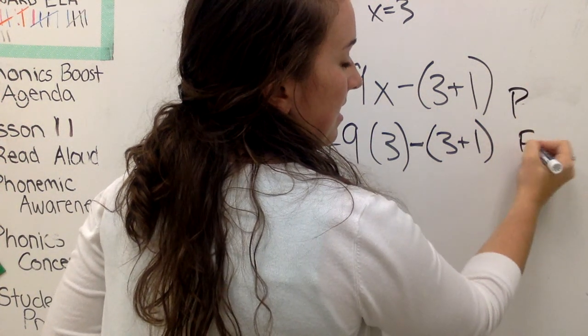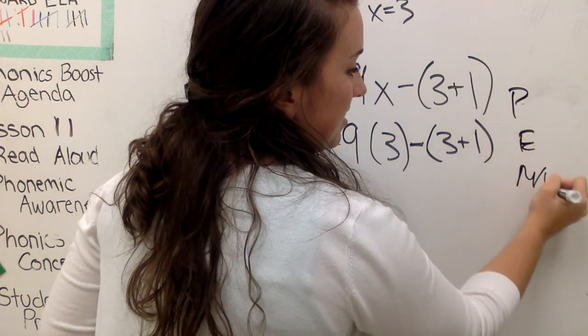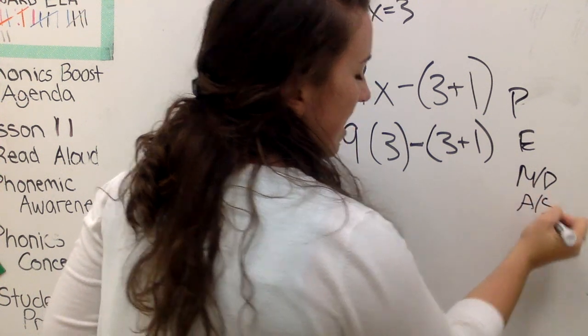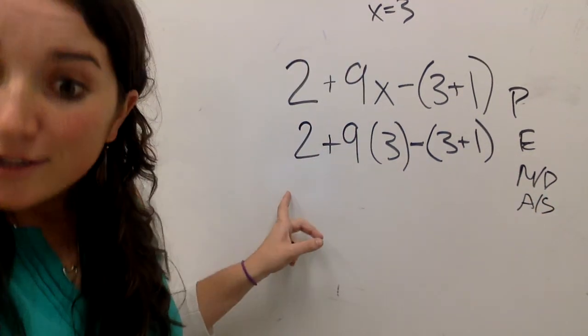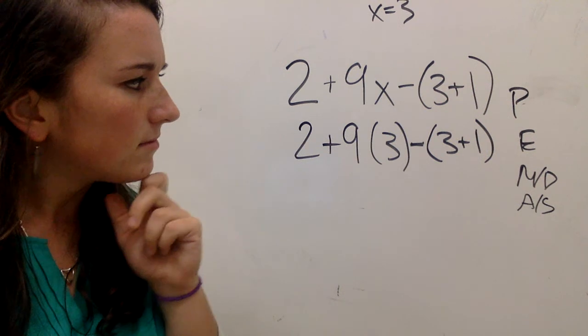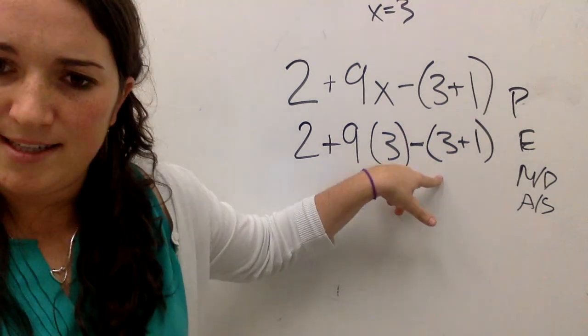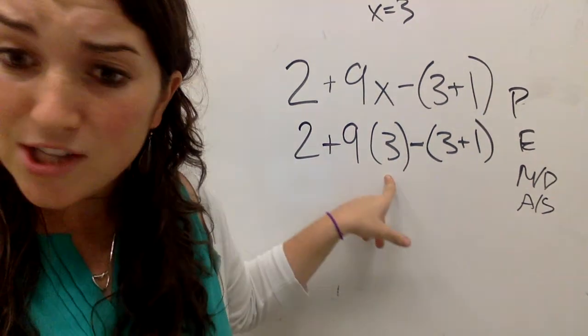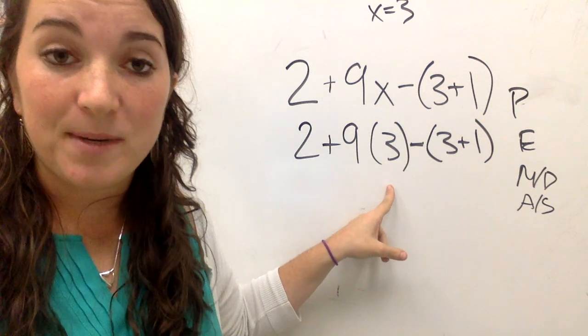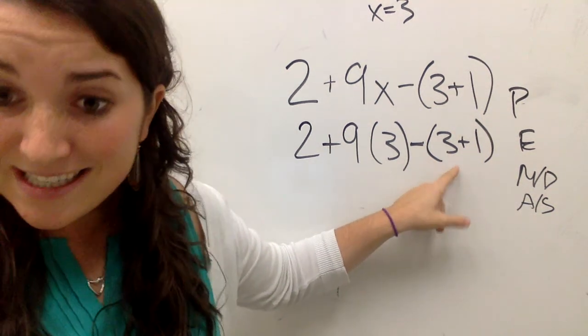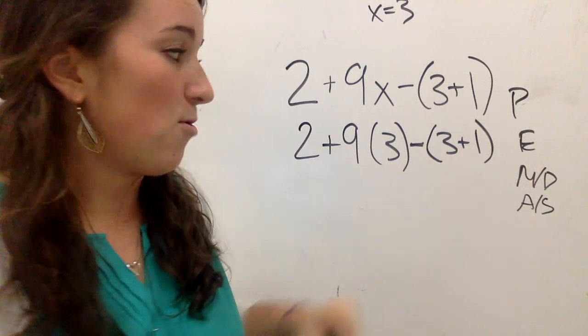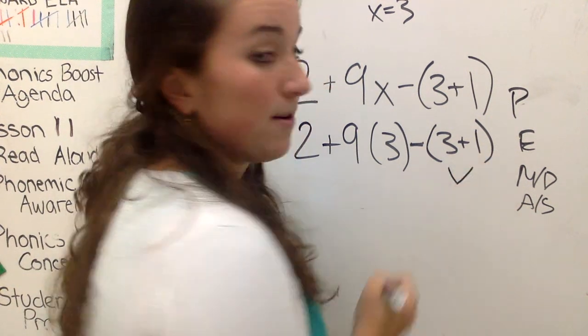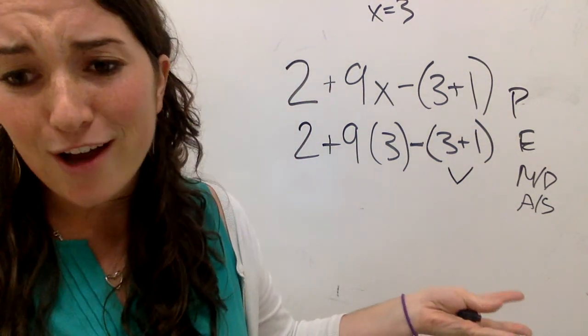Okay, I'm going to rewrite my checklist over on this side. P, E, M slash D, A slash S. So I look here. I see 2 sets of parentheses. This set of parentheses, though, in this case, just means multiplication. However, this set of parentheses, you can simplify more. So I'm going to simplify this one first. 3 plus 1, we all know is 4.